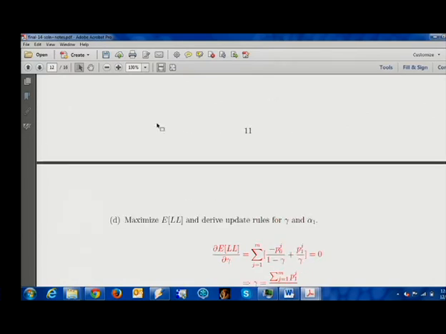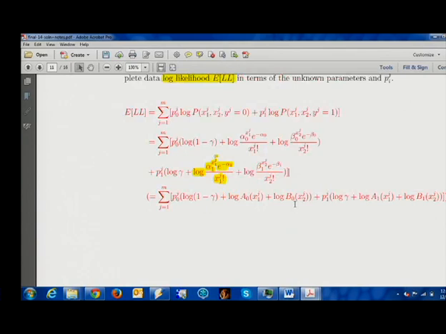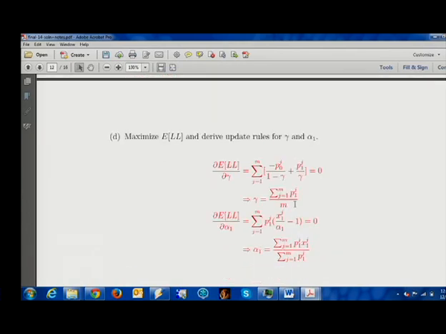Once we have an expression here or here, you can choose whatever you want, either this expression or you can start directly with this expression. We have to differentiate it, relative to the parameters that we care about. What we've shown here is how to do it relative to gamma, which is the easiest. And then I'm going to show how to do it relative to alpha 1.